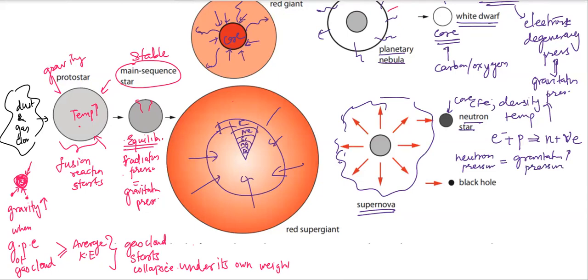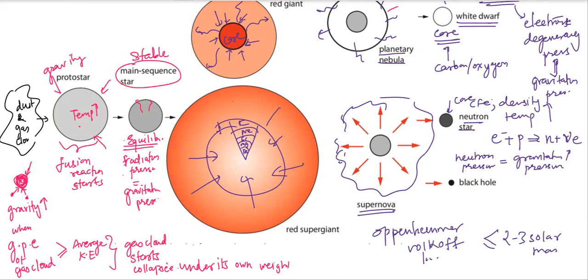Now, there is something called the Oppenheimer-Volkoff limit, which is about 2 to 3 solar masses, okay, for the mass of the core.